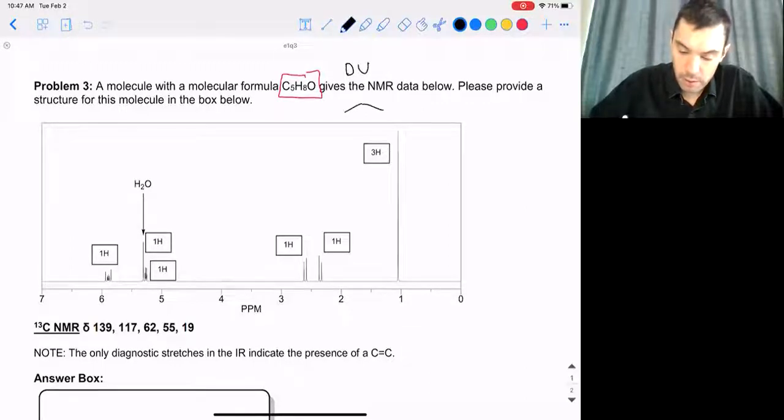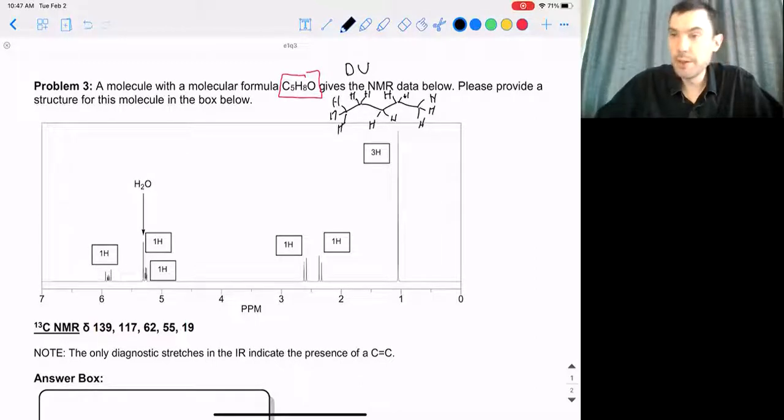And, if you can never remember the formula for degrees of unsaturation, you're in good company, because I can't either. But what I try to do is always just figure it out almost from scratch and just derive it. So the idea of degrees of unsaturation is if we have a saturated hydrocarbon, in this case, I've drawn out all of the hydrogens explicitly for 1, 2, 3, 4, 5 carbons.